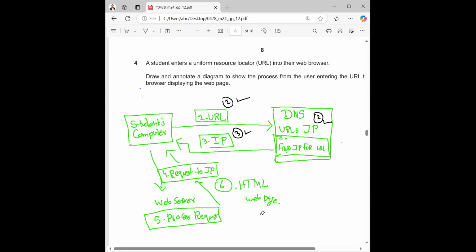DNS is going to generate an IP, give it to the computer, and then the computer is going to dial that IP to the web server to access it. Then the web server is going to process the request, and then in return, it is going to display the HTML web page. Any confusions? No, sir.